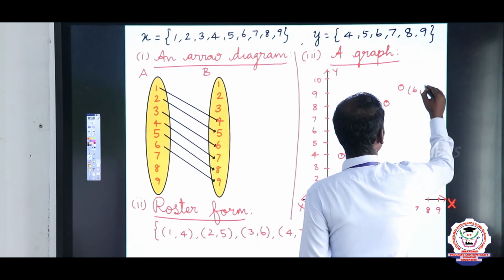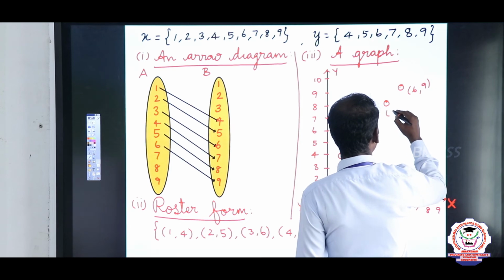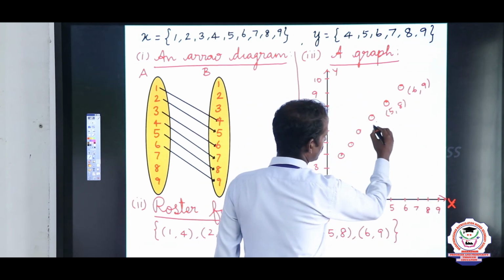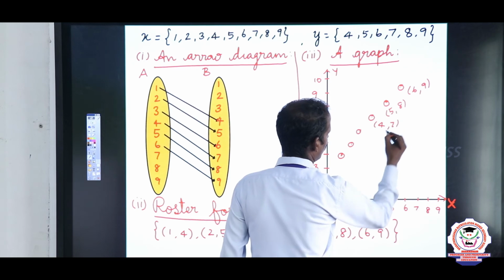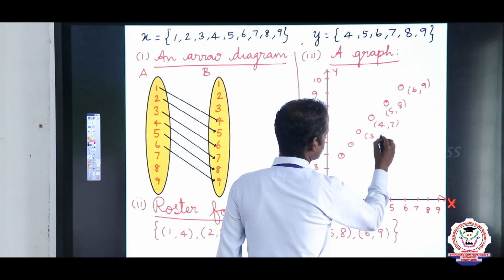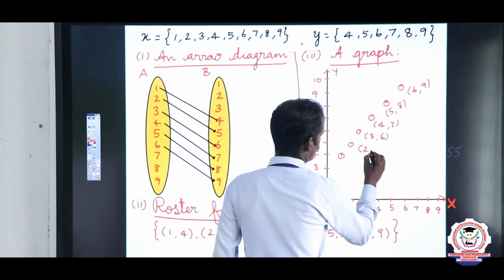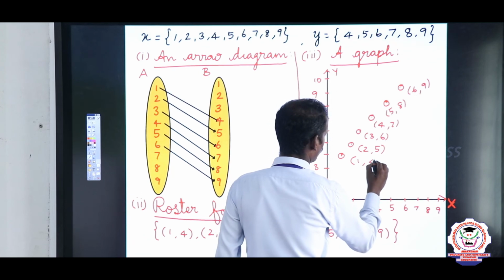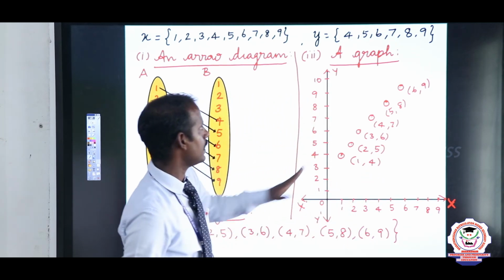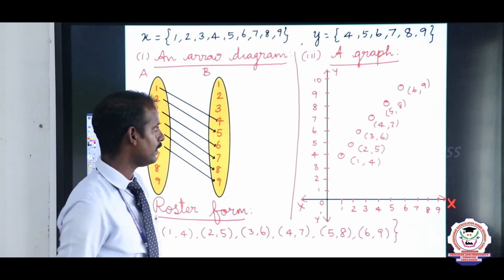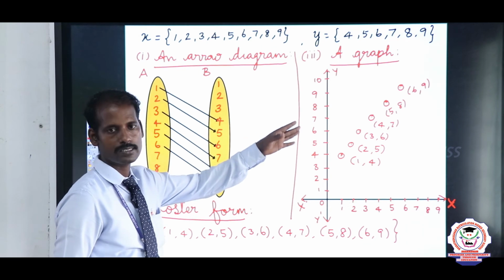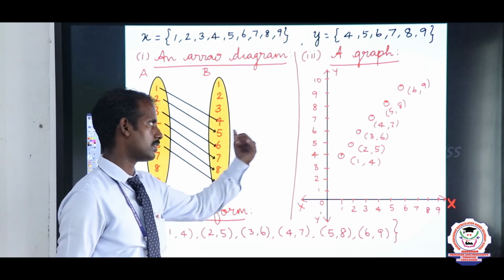So this point is 6, 9. This 5, 8. This 4, 7. 3, 6. 2, 5. 1, 4. So this is a graph. So complete the sums. So 1, 4, 2, 5, 3, 6, 4, 7, 5, 8, 6, 9. So all the elements are plotted in the graph.